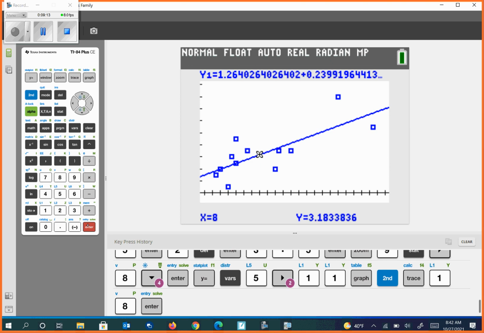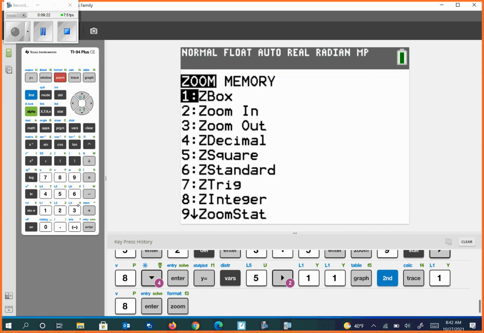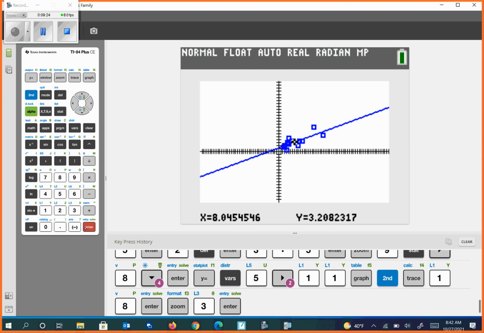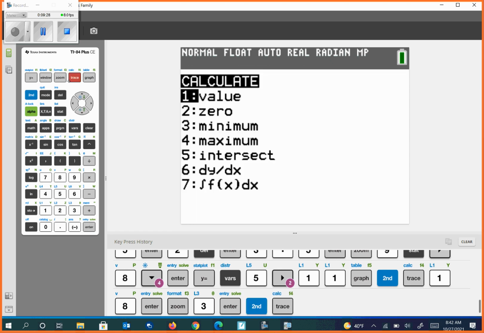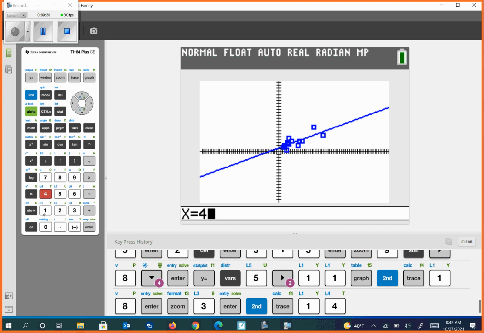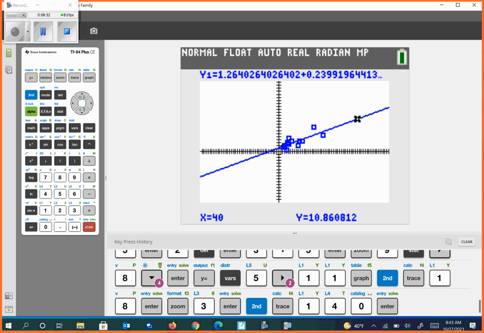Predict the length of a jury deliberation for a trial that lasts 40 hours. 40 will probably be off of our screen, so you would want to zoom out. That way we know we're going to include 40, and then I'm going to go second calculate a value at 40 hours. So it looks like they would deliberate for 10.9 hours.